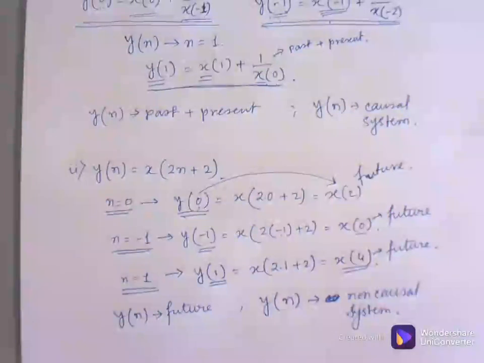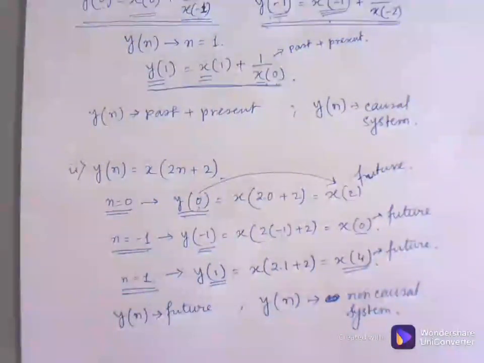In case of signal, the causal signal is dependent on the positive axis values, that is n greater than or equal to 0, or the signal having values only on the positive axis. And if not, then it is called a non-causal signal.